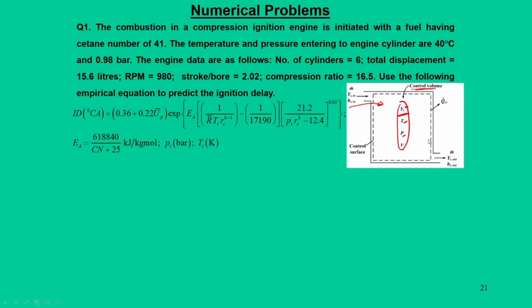Here we have compressed air, and fuel is entering into it, in this case diesel, and its cetane number is given as 41, and out of this we have some combustion products.